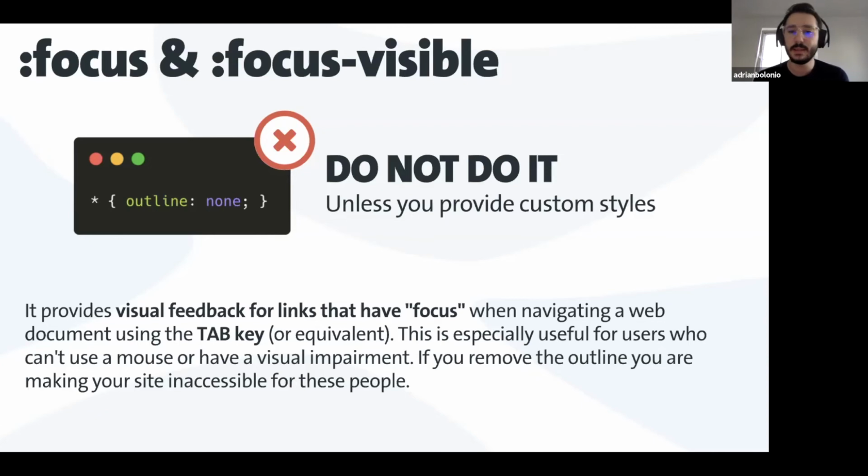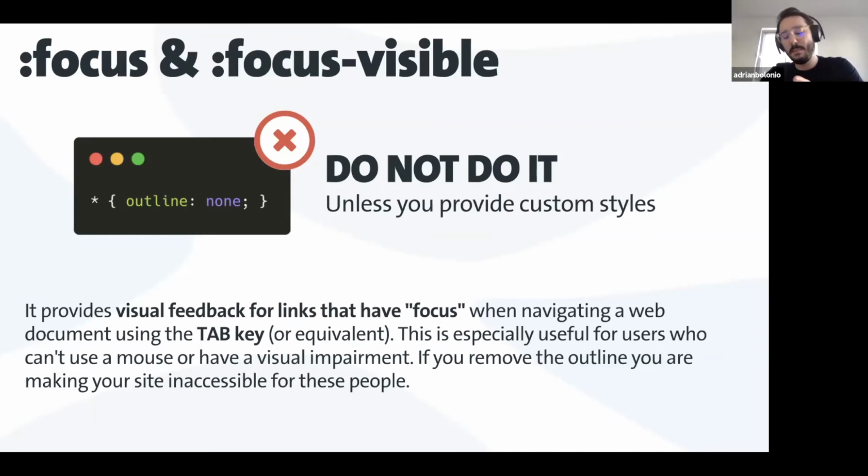So can you delete it? Do not do it, never, unless you provide custom styles. In the case that I showed you before, instead of the normal blue shadow that Google Chrome has, I decided to define my custom style, which is a square. This is the visual feedback for links that have focus when navigating.